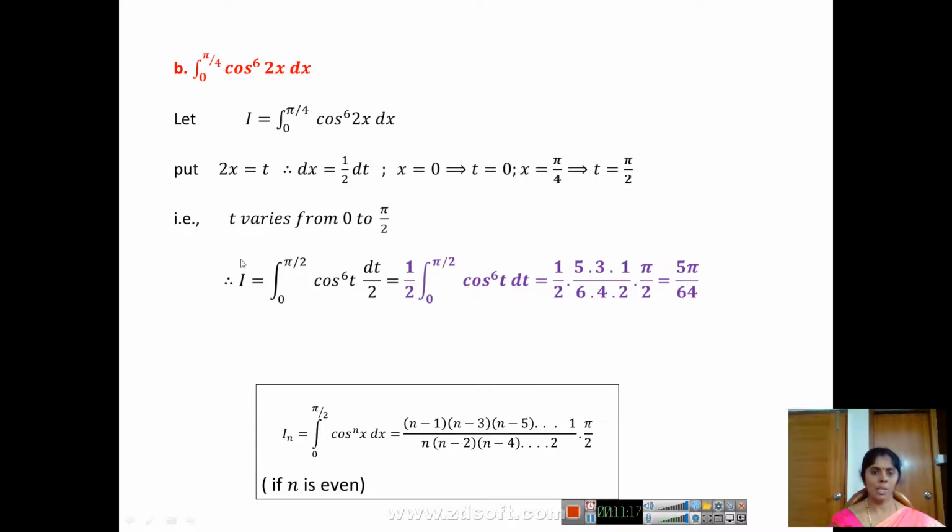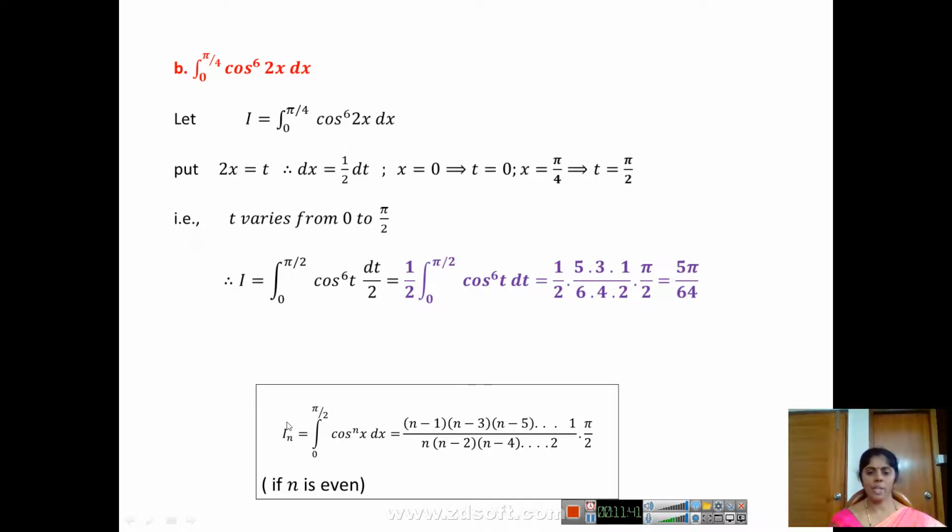So we can rewrite I as the integral from 0 to pi by 2 of cos to the power 6 of t, and dx can be taken as dt by 2. Take this 1 by 2 outside: half the integral from 0 to pi by 2 of cos to the power 6t dt.